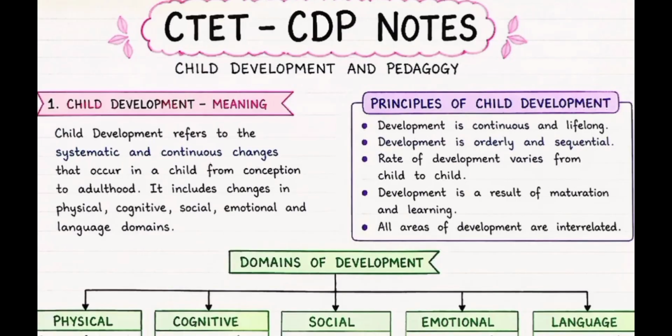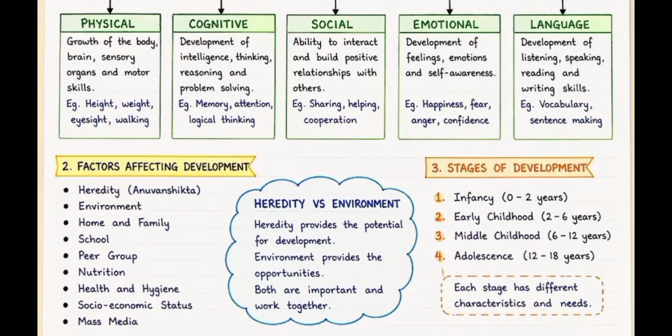We will see the domains of development one by one. First, physical, cognitive, social, emotional, and language. Let's see one by one what we mean by that. Now we will see the physical development first. Growth of body, brain, sensory organs, and motor skills.